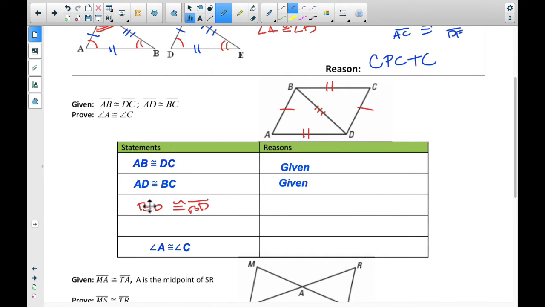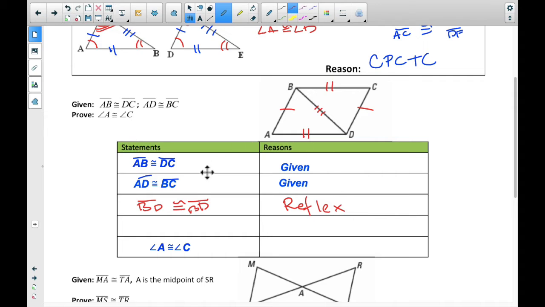And I notice that I need to put my bars over my letters. So I'm going to put those lines up there. Now, what is that reason? Do you remember? We always call that reflexive, because when something is equal to itself, it's reflexive. It's like if you look in the mirror, that's your reflection. It's yourself. So if you're equal to yourself, that's reflexive.